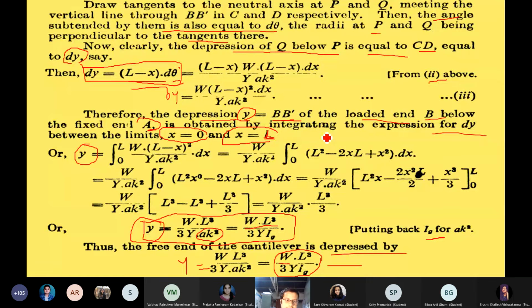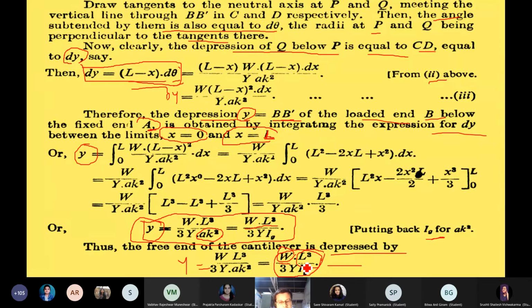We calculated how the free end of the cantilever got depressed, and it is depressed by an amount that depends upon how much weight you are putting on it, how much length of the beam we have, and it is inversely proportional to the Young's modulus, the elastic constant of the material of this beam, which may be plastic, wooden, steel, or any other pure metal or alloy.